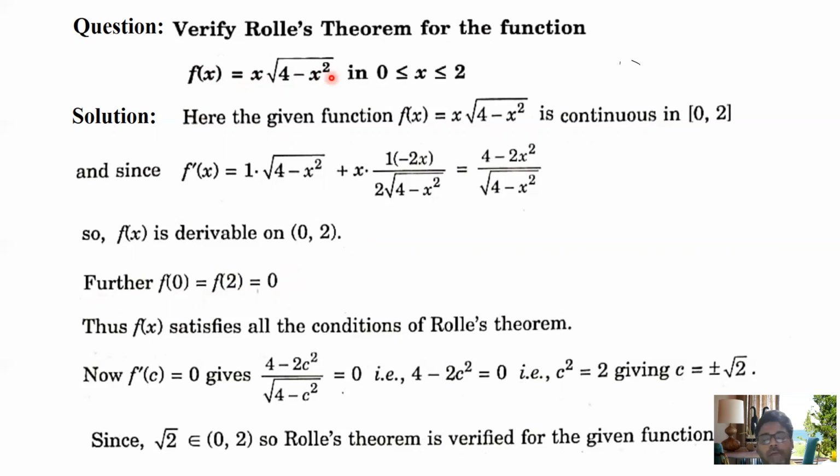Now f(0) is equal to 0. If you substitute here 0, it means 0.